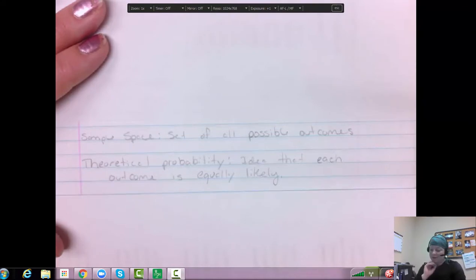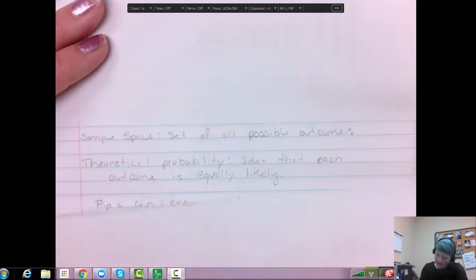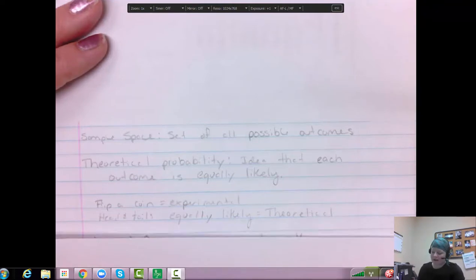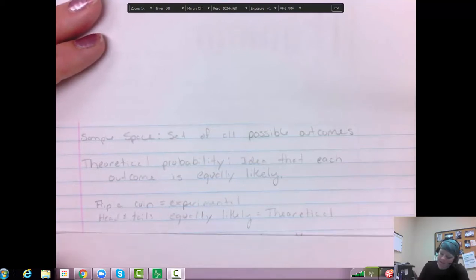Theoretical probability, we've talked a little bit, is the idea that each outcome is equally likely. So theoretically is what we think should happen, basically. We use a lot of cards and dice for theoretical, and in a lot of the examples you'll see. And flipping an actual coin is an experiment, where understanding that heads and tails are equally likely is that theoretical idea.